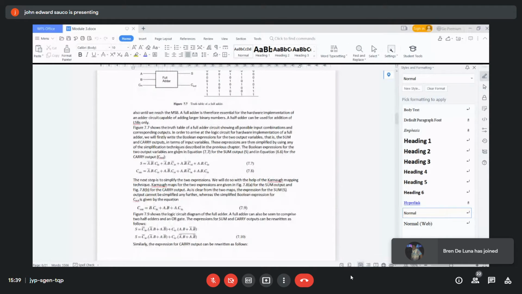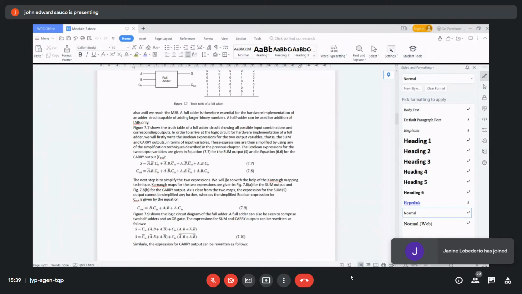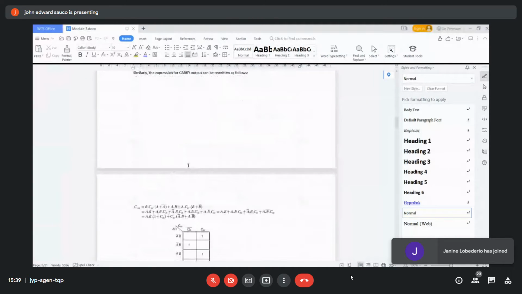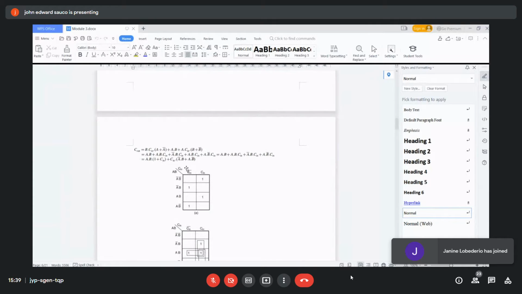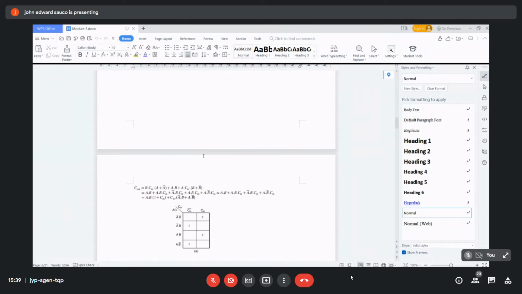So, dito, sinasabi na based on the truth table, nakagawa ng Boolean expression tayo. And then, based dito naman sa simplified na Karnaugh mapping, ating sum is cannot be simplified na. So, as is na siya.